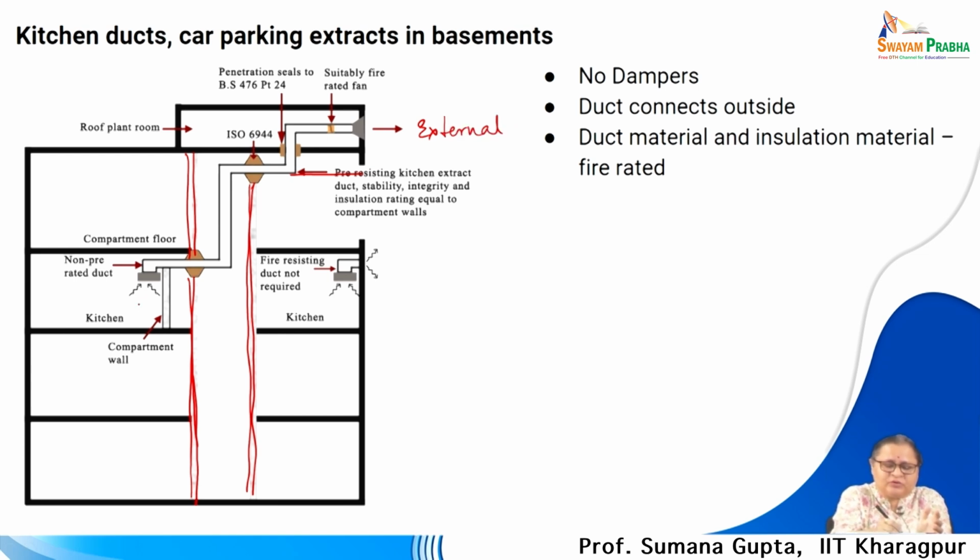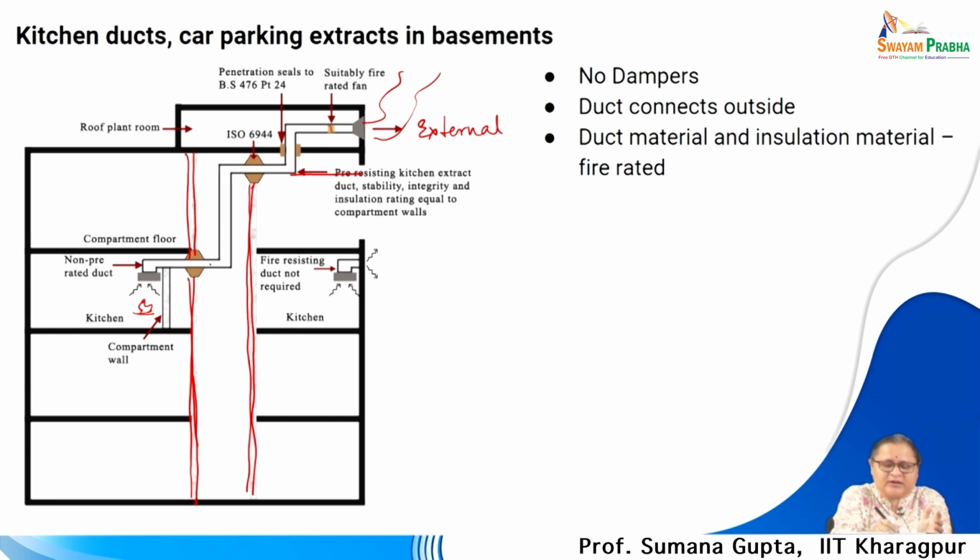Any fume or smoke, any fire or smoke that is generated will pass through it and get exhausted outside the building. So, here you can see a clue that there is a fire.